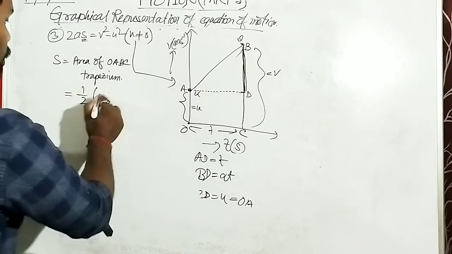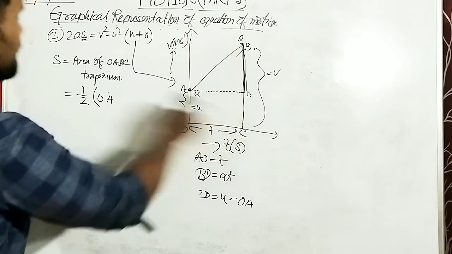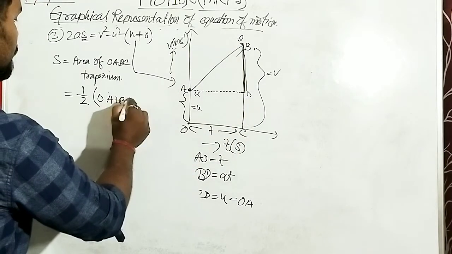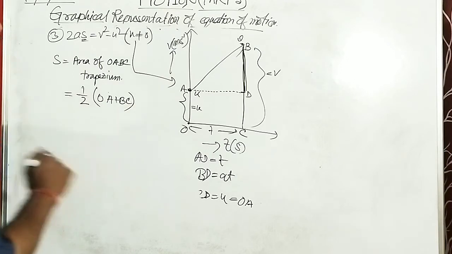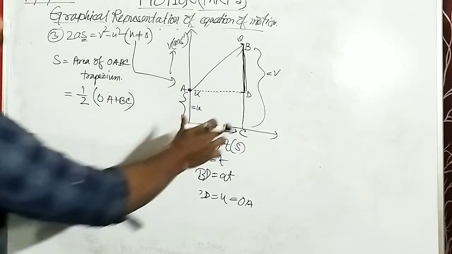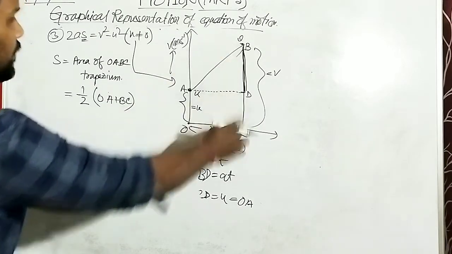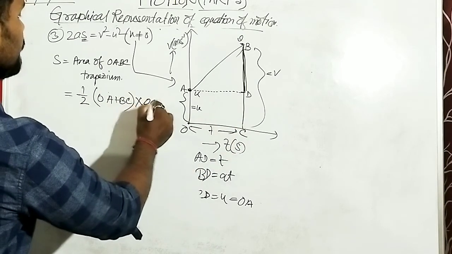Two parallel lines are OA and BC, which are parallel, into the normal or the perpendicular line. The normal, or the shortest distance, is the perpendicular line between these two lines, OA and BC, which is the normal OC, into OC.